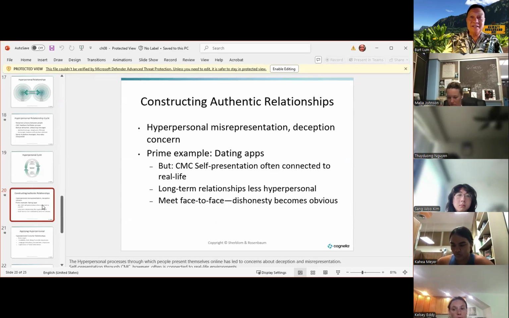And then constructing authentic relationships, hyperpersonal misrepresentation, deception, concern. The prime example, dating apps, CMC self-presentation often connected to real life, long-term relationships less hyperpersonal. Meet face-to-face, dishonesty becomes obvious.